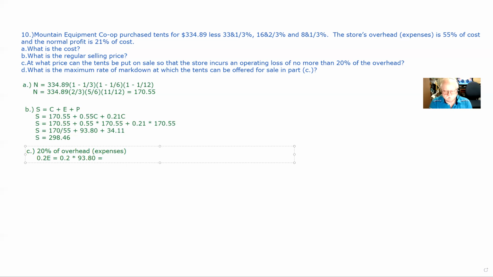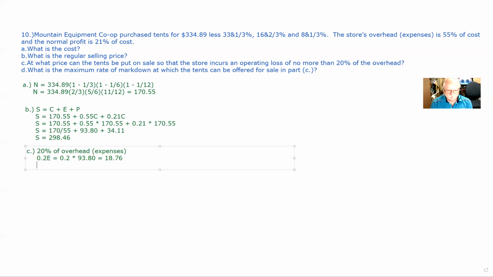So what does that come to? 93.80 times 0.2, giving us $18.76. So that's 20% of overhead, and we want to make an operating loss of no more than that.